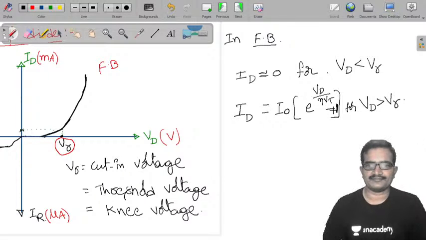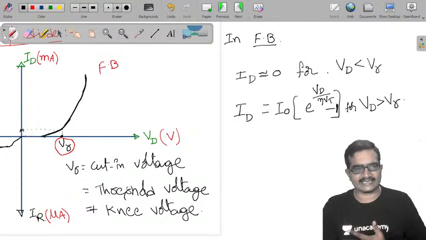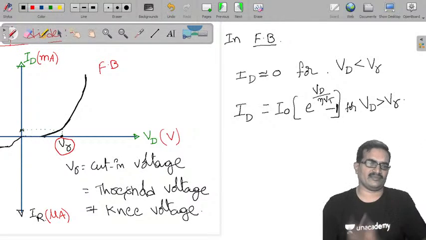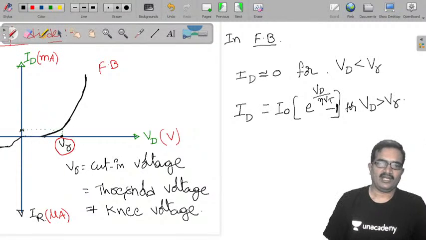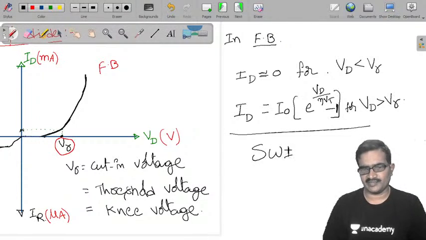Okay, now from this, what should I learn as a student? The basic application of a PN junction diode is as a switch.